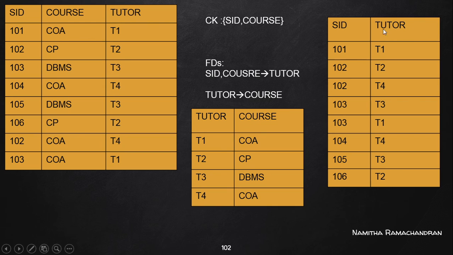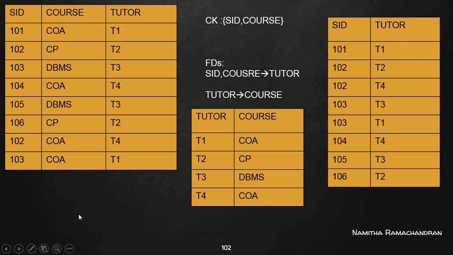So we must include the tutor as the other attribute in this table, because using this tutor attribute we can define a relation with this table here, and using the corresponding tutor value we can uniquely identify different records of this other table. So we must include the tutor attribute instead of this course attribute.